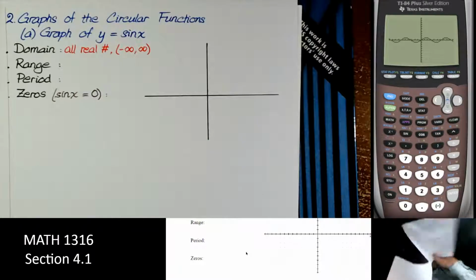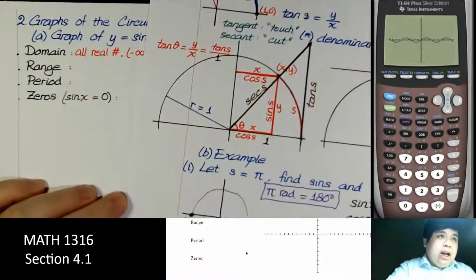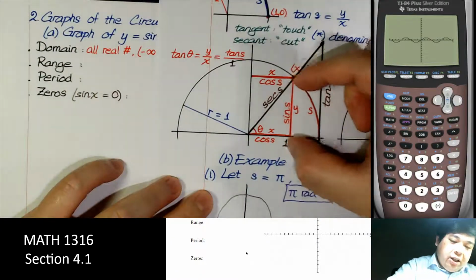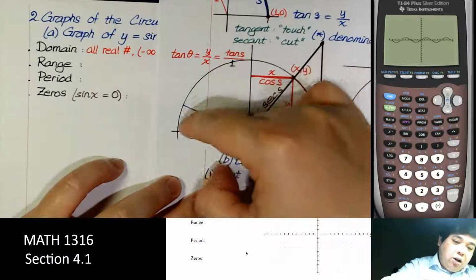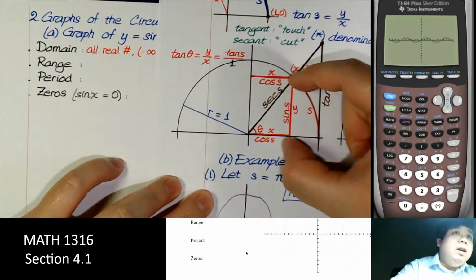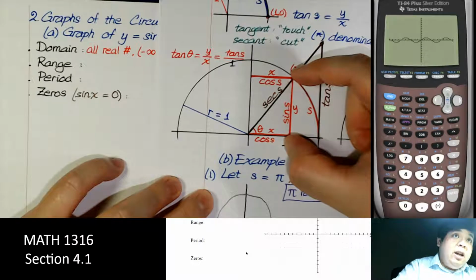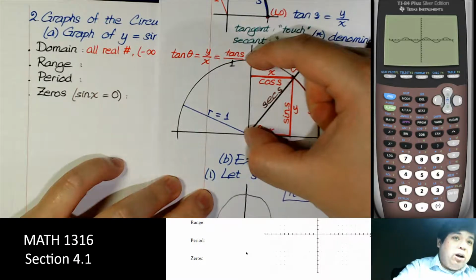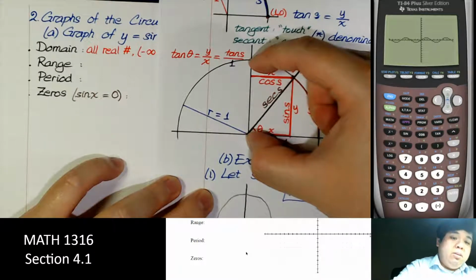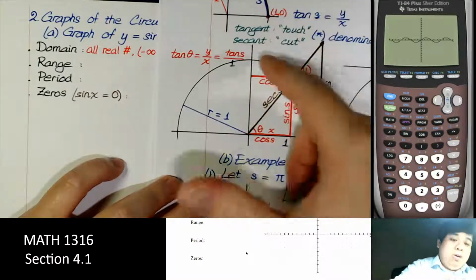Right, the range. Now, if we define the y values for the point corresponding on the circle to be the sine, that y value cannot be more than 1, because at 1 it is the maximum. The y values cannot get outside of the circle.